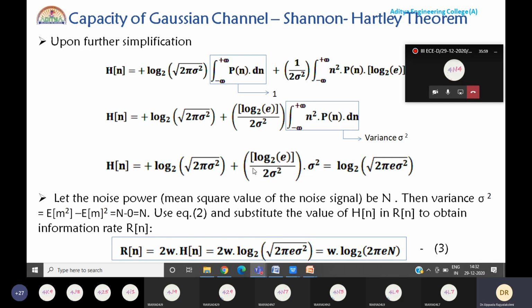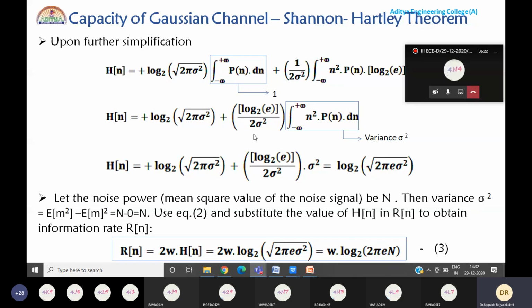Now the 1 by 2, that is half value, is outside the logarithm, in the product. If you want to take that value inside the logarithm, it will be e power 1 by 2. So half is outside the logarithm, so it is log e power 1 by 2.